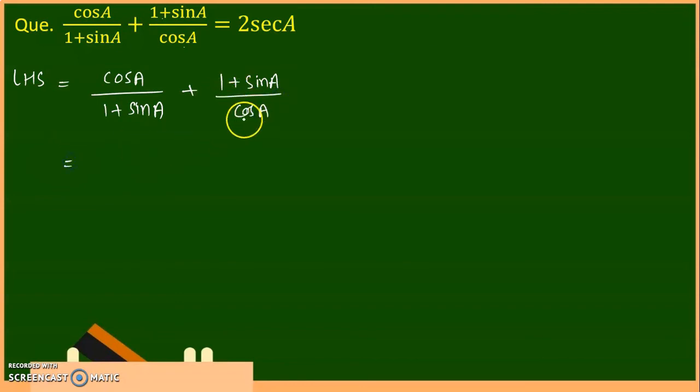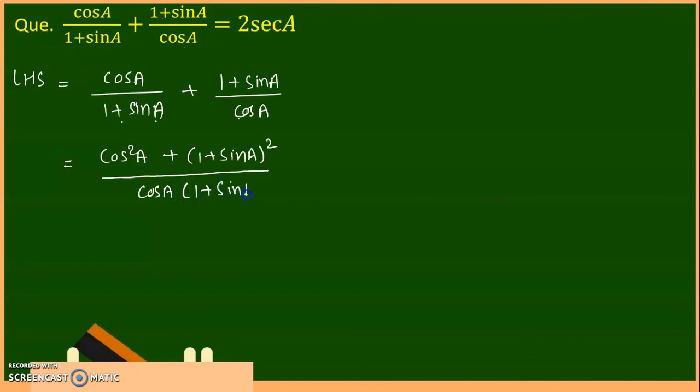Now here if you take the LCM, we do the cross multiplication: cos A multiplied by cos A becomes cos square A, plus (1 plus sin A) multiplied by (1 plus sin A), that becomes (1 plus sin A) whole square, divided by the denominator, which is cos A multiplied with (1 plus sin A).